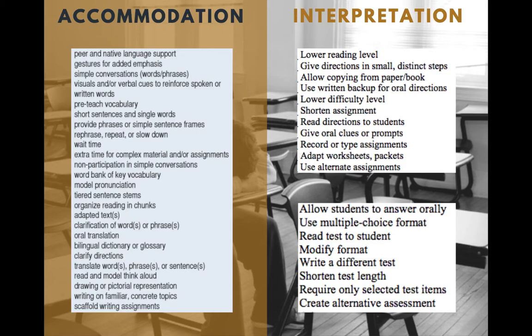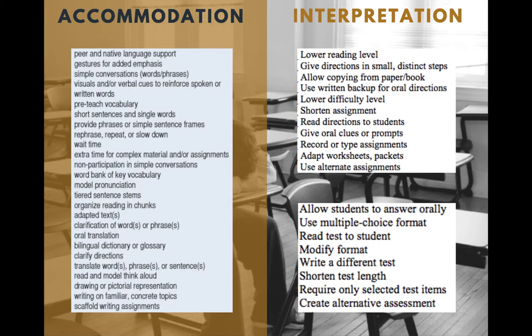Over on the left is the list of what the Texas Education Agency says acceptable linguistic accommodations should be for a student. That's our job: when a student is in our room as an ESL student or an ELL, we need to provide accommodations for their language, which means just make room for the fact that you're learning a new language and help you to attach to the learning. I'm not going to make things easier on you. I'm just going to make sure that your language doesn't inhibit you from learning the content that we have.